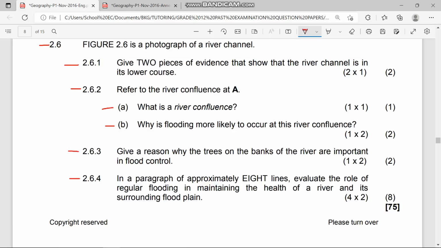So there we can say regular flooding deposits fertile soil, because there is fertile sand and soil within the river. When flooding is there, all of that fertile soil is deposited to the floodplain. It also increases the volume of water in the river to dilute the pollution.